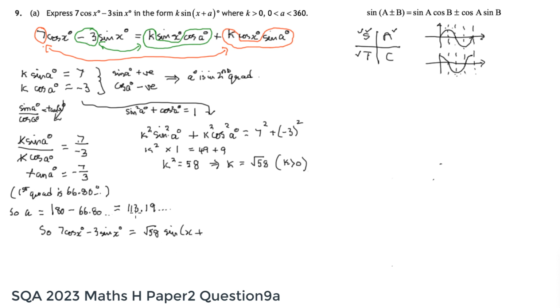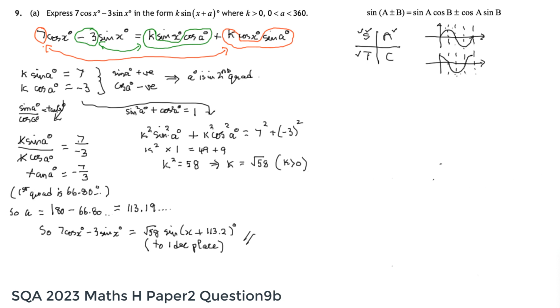There's a, it's 113.2. And we'd better say what we've done: we've rounded it to 1 decimal place. So there's the first part of the question.